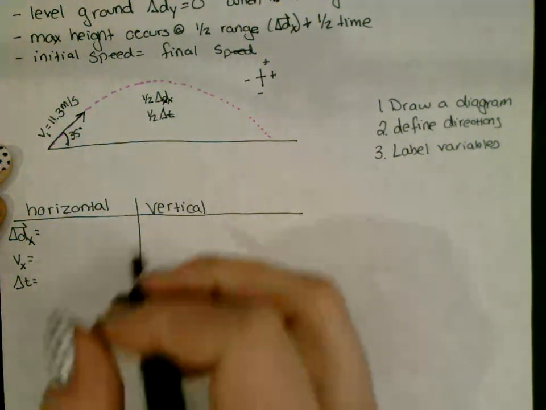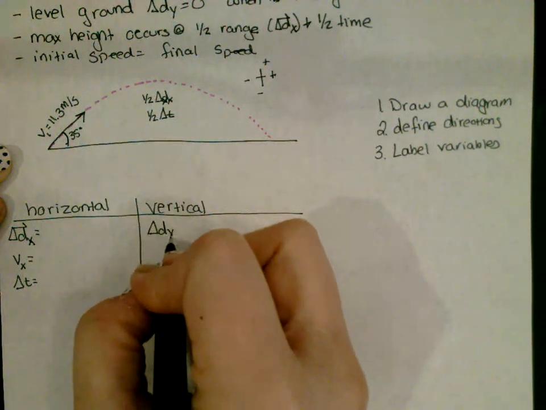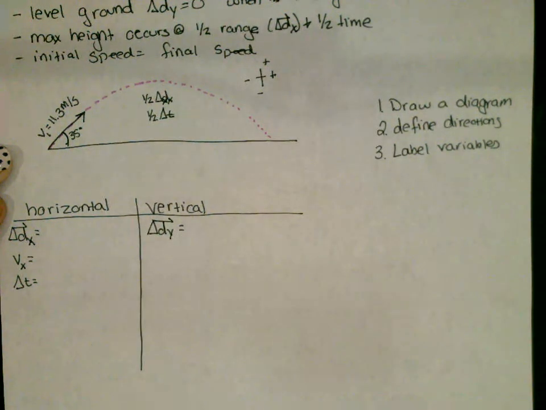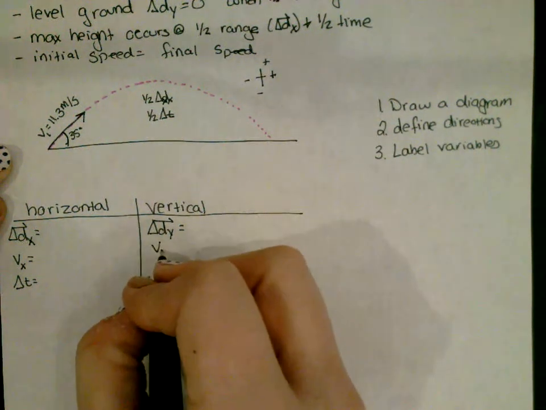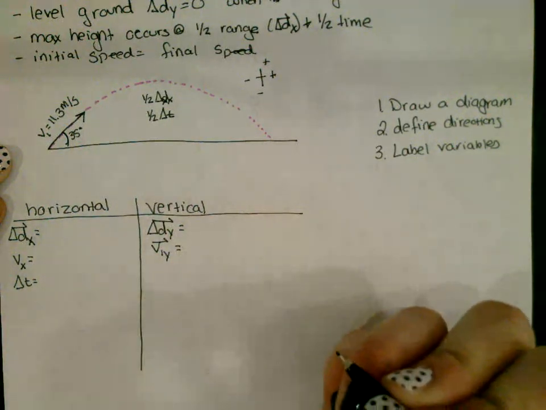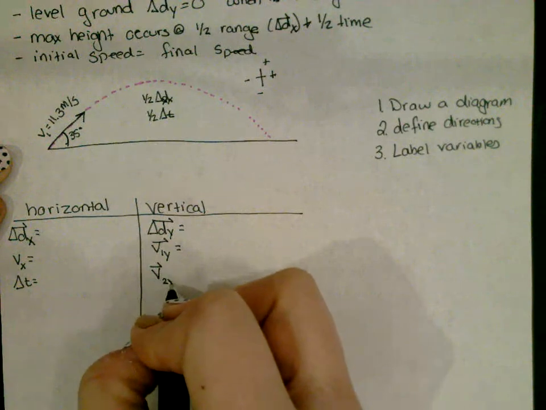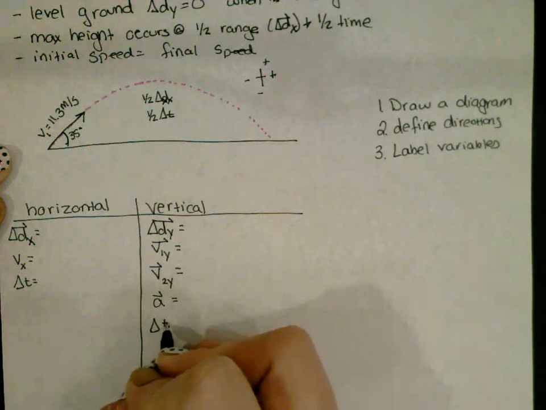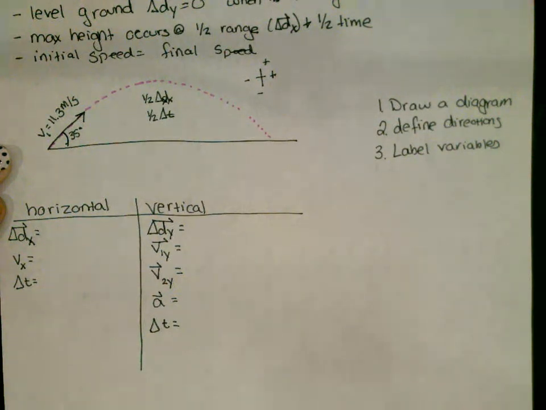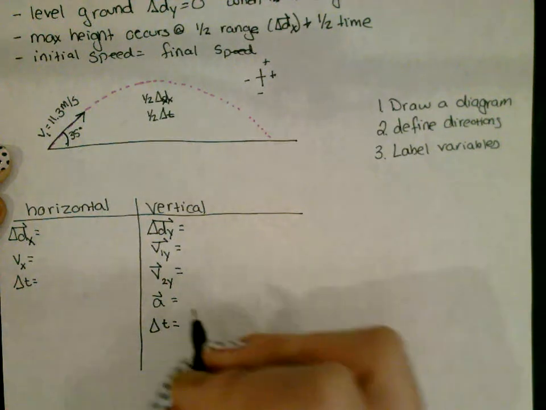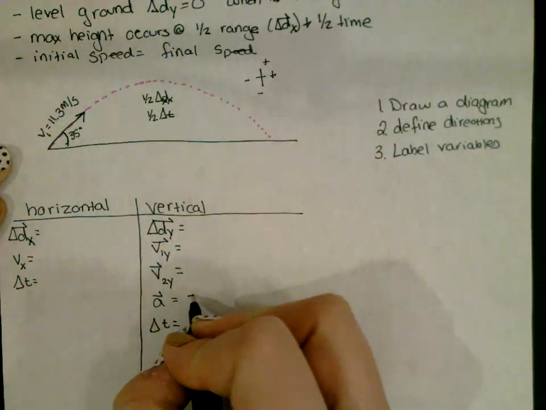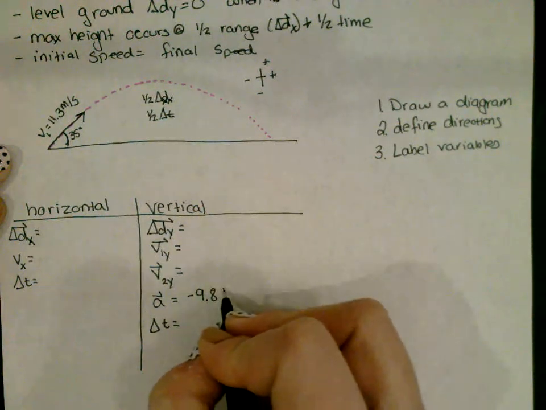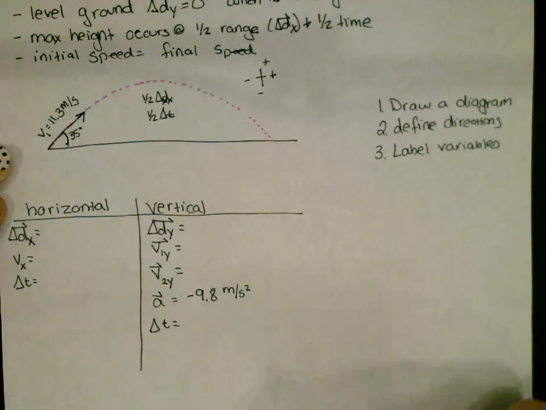My vertical variables are my displacement on the y-axis, my initial y velocity, my final y velocity, acceleration, and change in time. All right, acceleration always pulls down. So I can go ahead and say my acceleration is negative 9.8 meters per second squared. And let's look at what else we can get out of this problem.